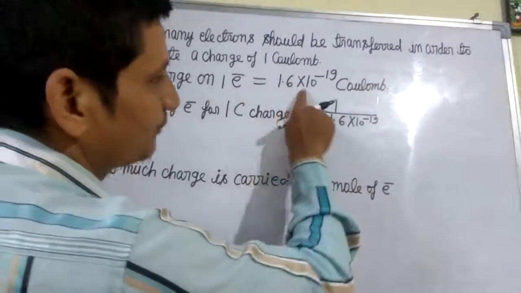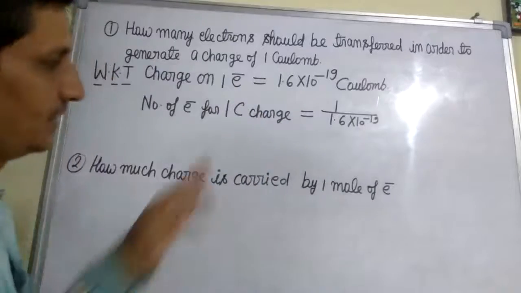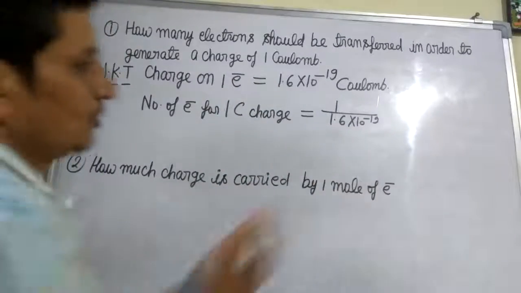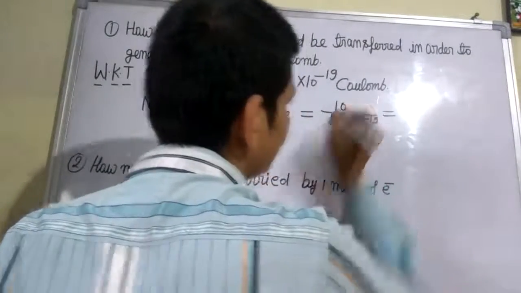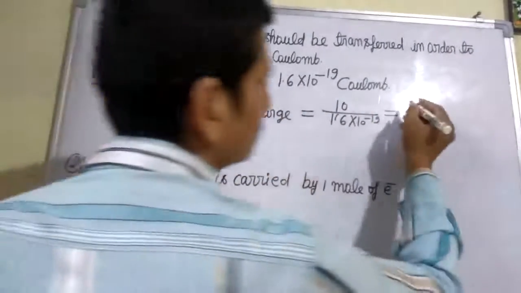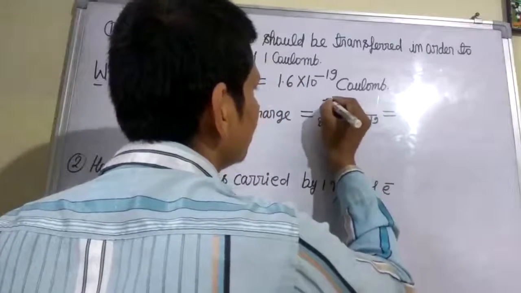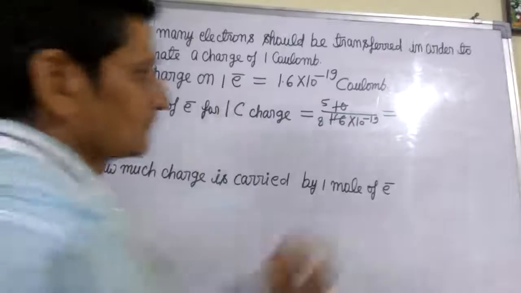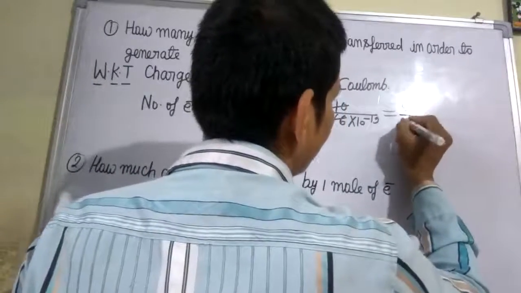So we have to find out for 1 coulomb. It becomes divided in this way. Now we get, remove this point, increase 0. 2 8 ja 16, 2 5 ja 10, 5 by 8.